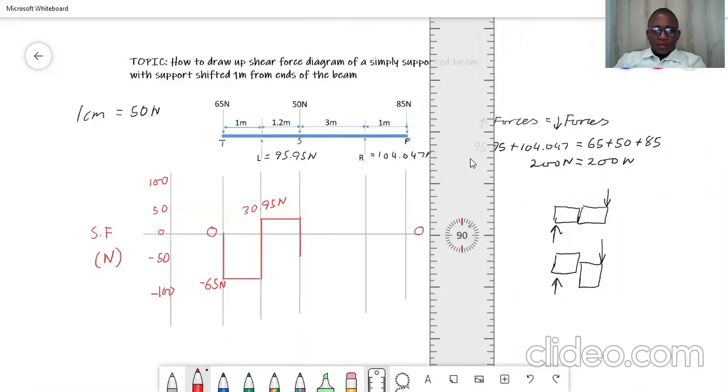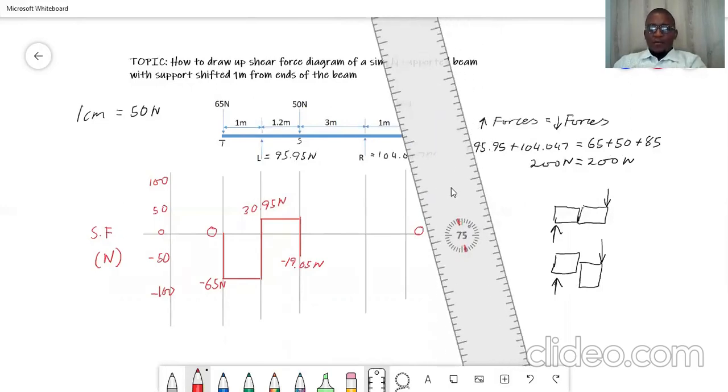So let us just jot it down. We have negative 19.05 newtons, right? So we can move on now.